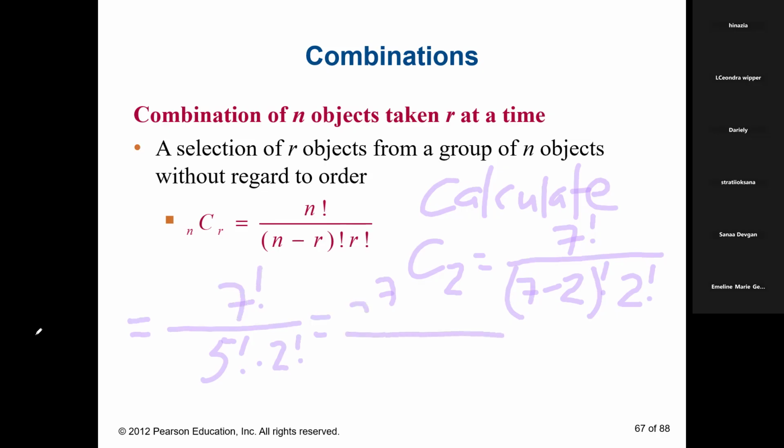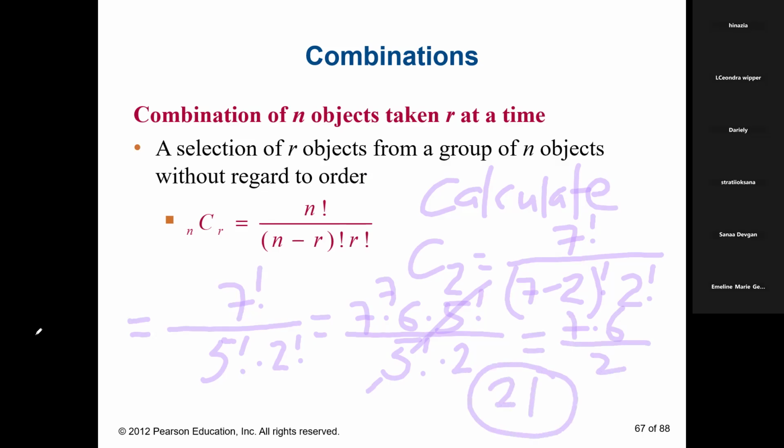Take the 7 factorial, you go all the way down, then you stop at 5. 2 factorial is always 2. And cancel this thing here. So that's 7 times 6 over 2. 42 over 2 is 21. So 7C2 is 21. Is this clear? Yes.